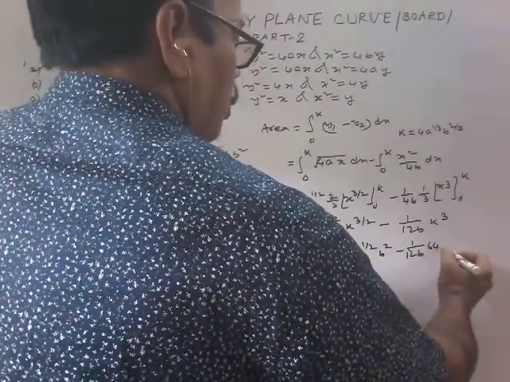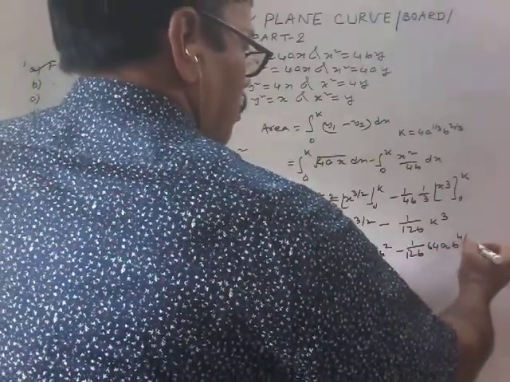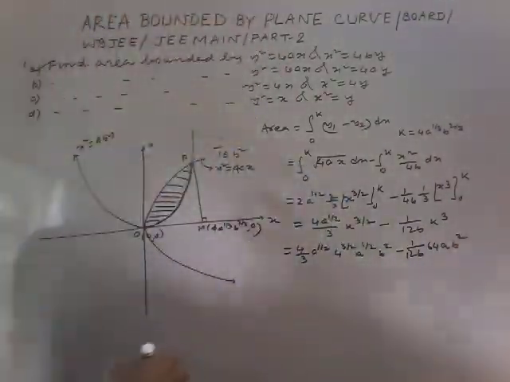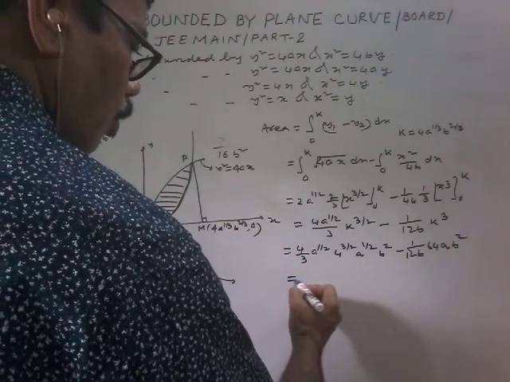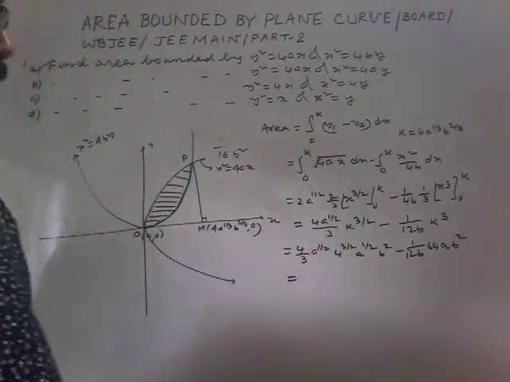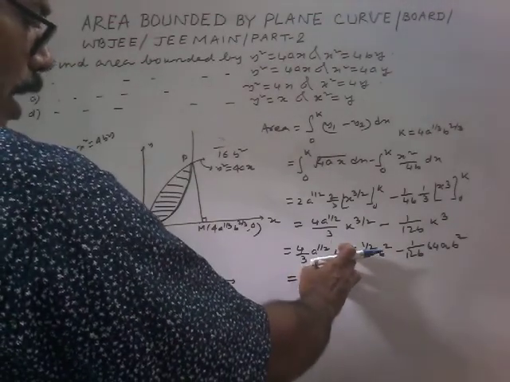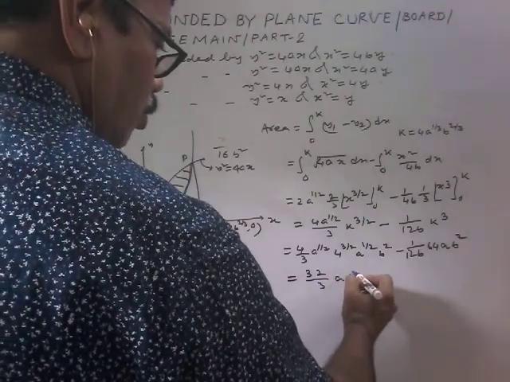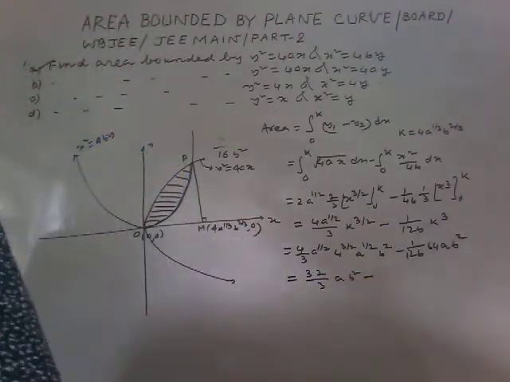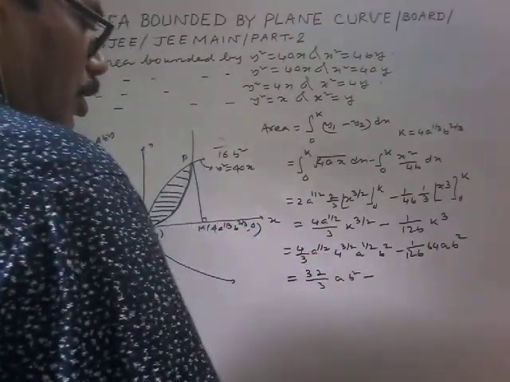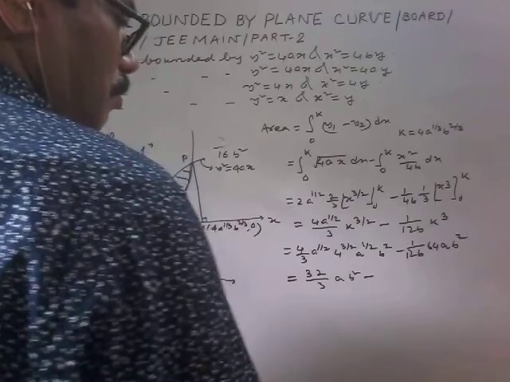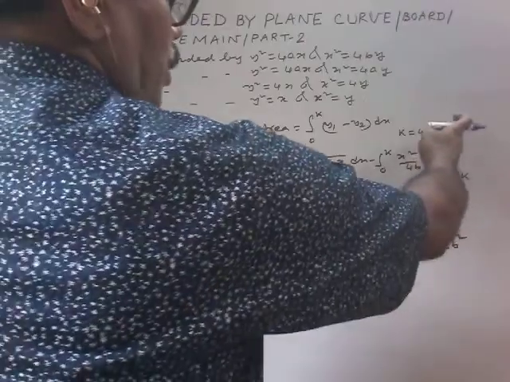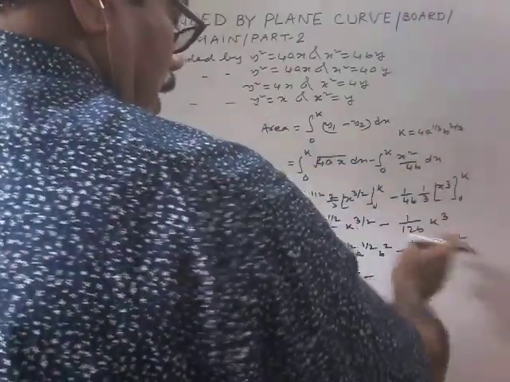So 64 ab to the power 2. So finally, 4 to the power 1 by 2 by 3 by 2, so 2 square, so this is 8. So this is 32 by 3 ab square minus 32 by 3 ab square, and k cube is b square a.